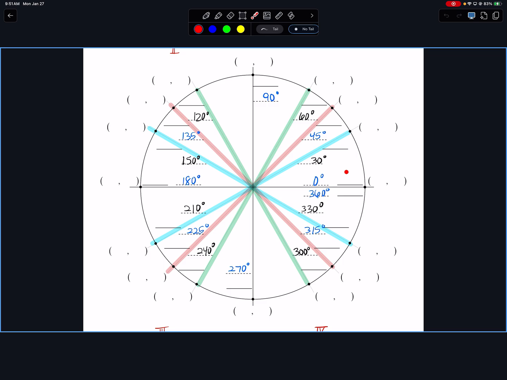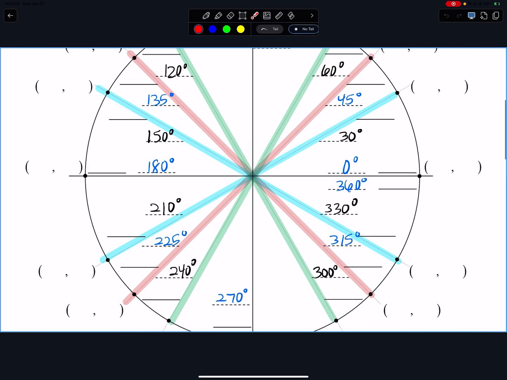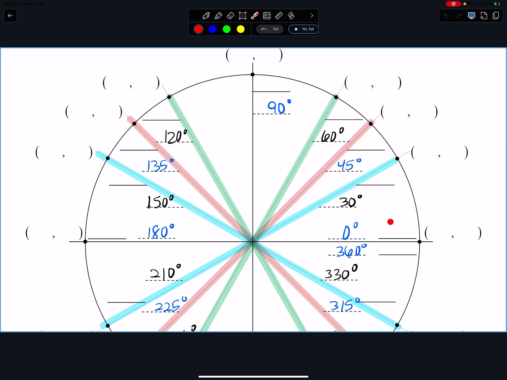A way that you can automatically tell something is radians or not is if there's a pi in the number. So again, right here, if I don't move at all, that's going to be 0. But if I go all the way around, we said that was how many radians? 2 pi.